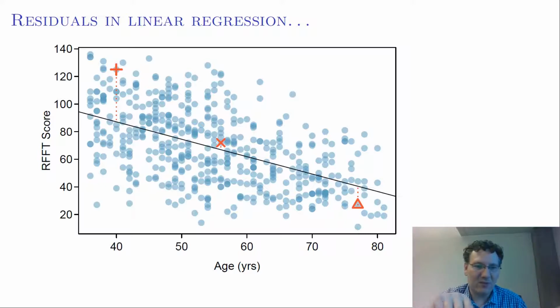For each of these data points, you take the actual value and go straight down to the line and see what the y value is at that point on the line. That difference is the residual. If the data point lies above the line of best fit, it's a positive residual, and if it's below the line of best fit, it's a negative residual, like this little triangle marked one toward the end.